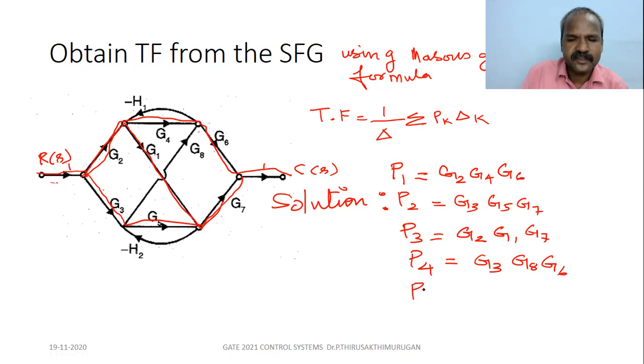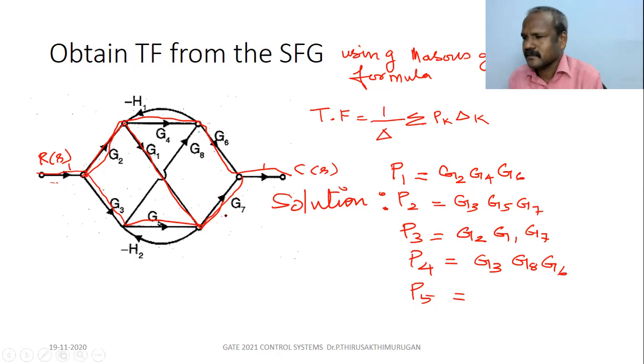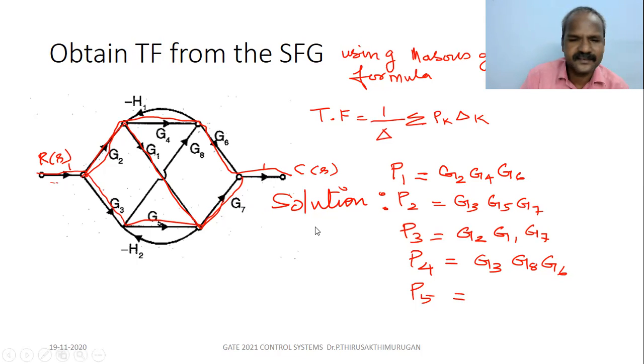Is there any possible forward path next? So what is P5? Starting from R, you can have G3, G8, then H1, G1, G7, and end at this one. With H1 it is negative, so P5 is minus.